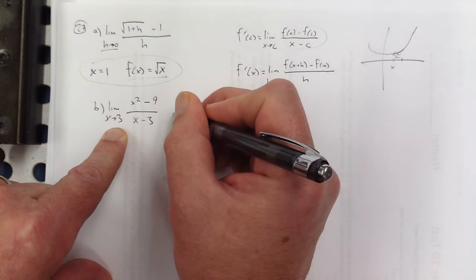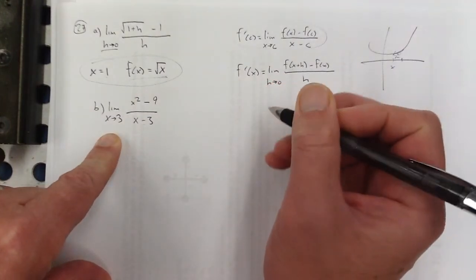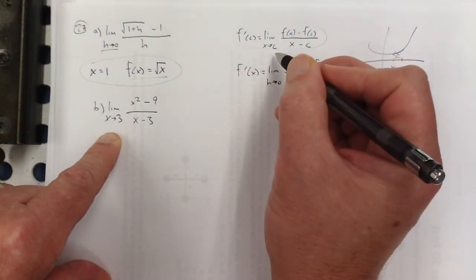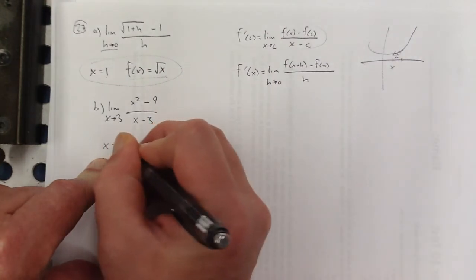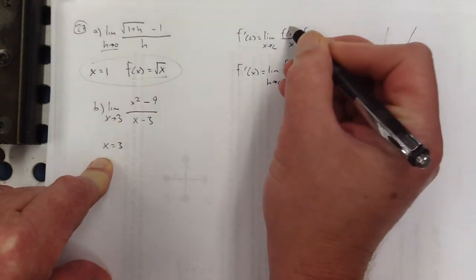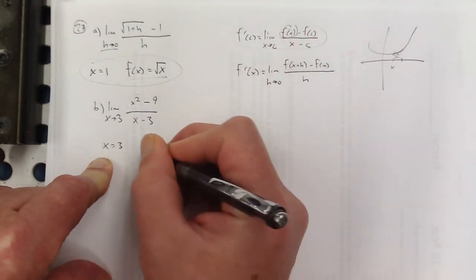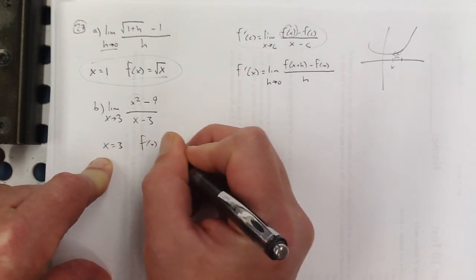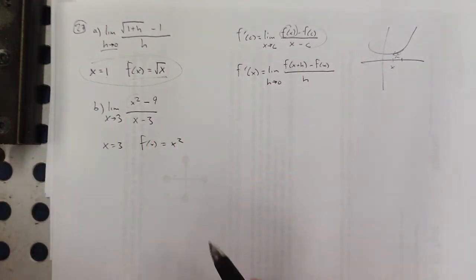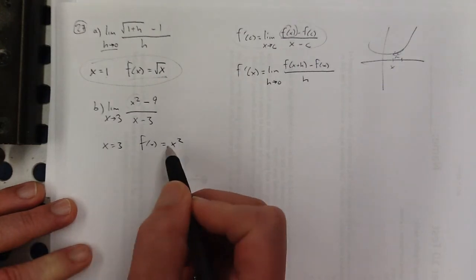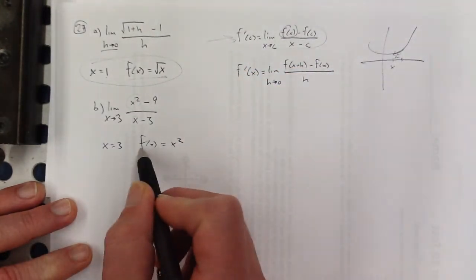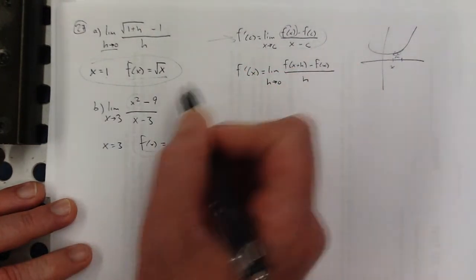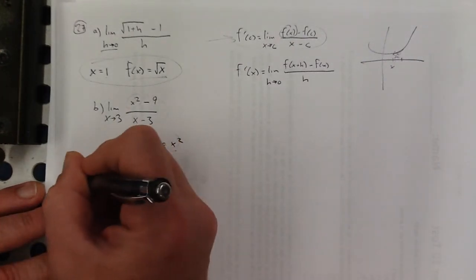So let's see. What is the x value? It looks like it's 3. What's the function? Oh, it's x squared. So same thing, if I asked you to write out, using this definition, the derivative at x equals 3, this is what you would come up with.